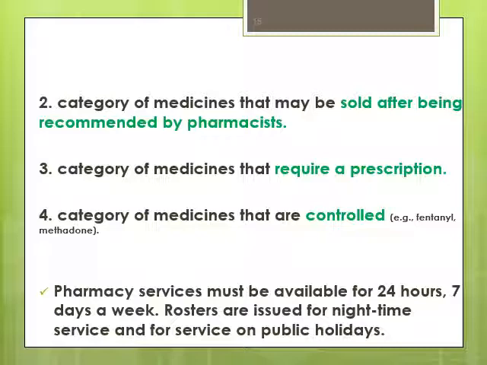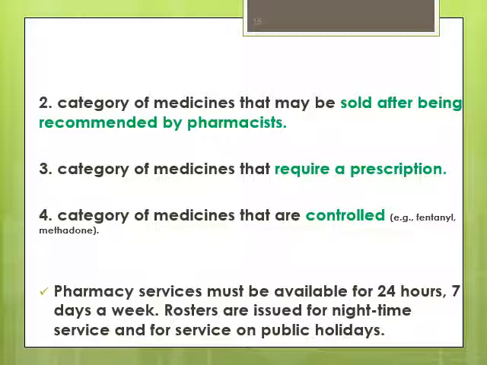The third category is medicines that require a prescription, which is prescribed medication. The fourth category is medicines that are controlled medication, like fentanyl and methadone, the narcotic drugs. These controlled medicines are governed by specific indications, a specific method of dispensing, and specific laws.